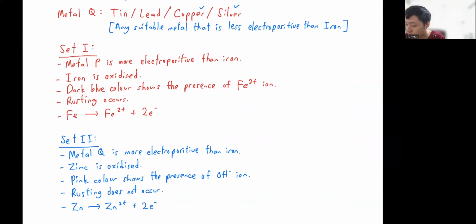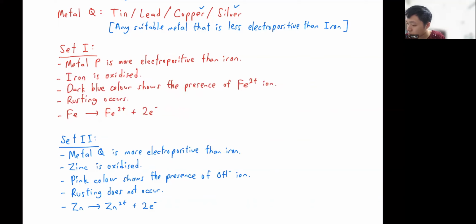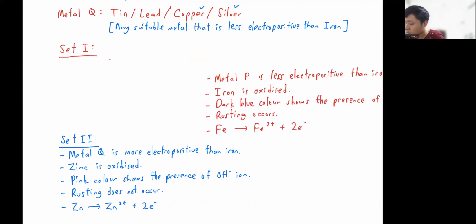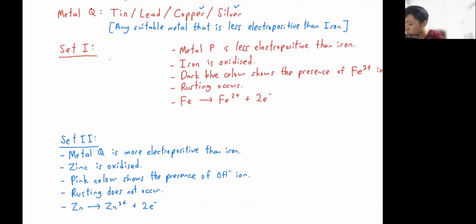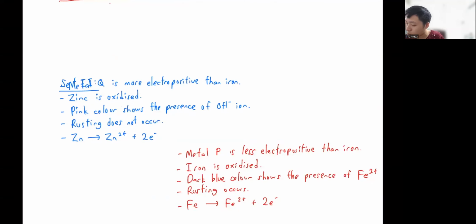Then I think the whole thing, basically, step 2 is the one that is more electropositive.